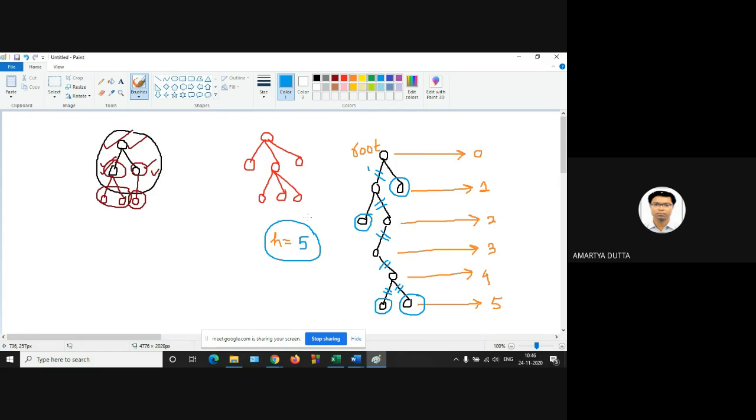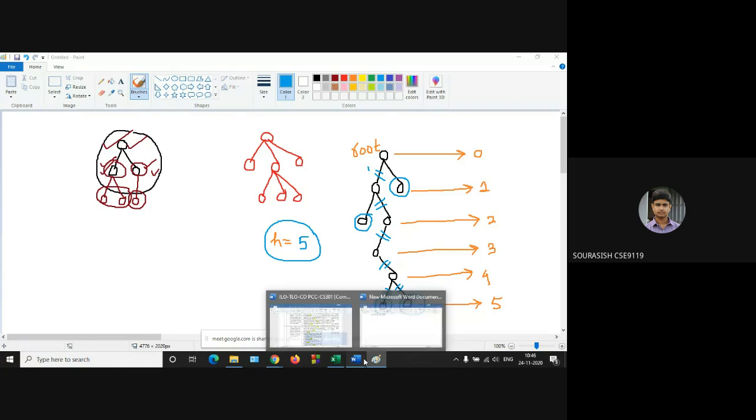Now there is a lemma. What do you mean by lemma? Any idea? What is a theorem? Do you know what a theorem is? Anyone? A theorem is kind of like a formula that is proved.